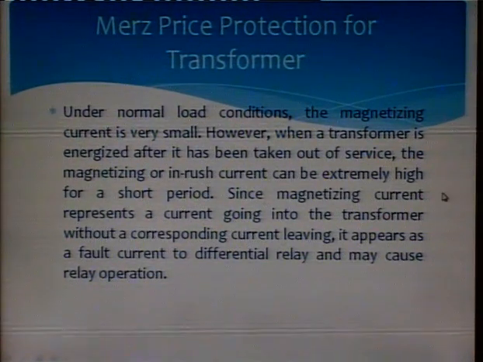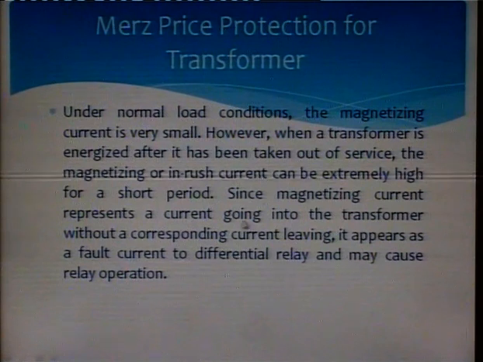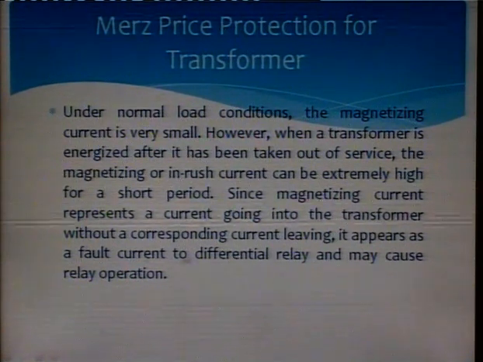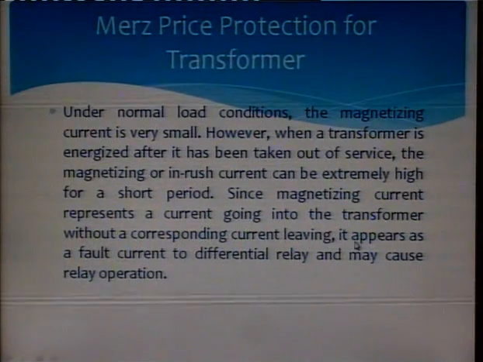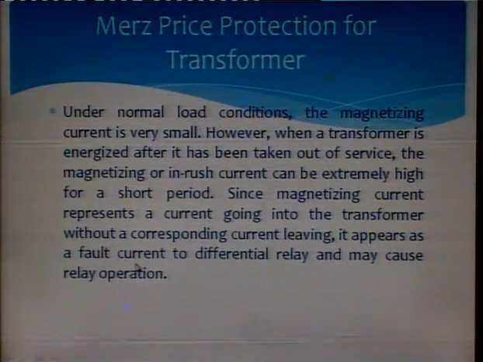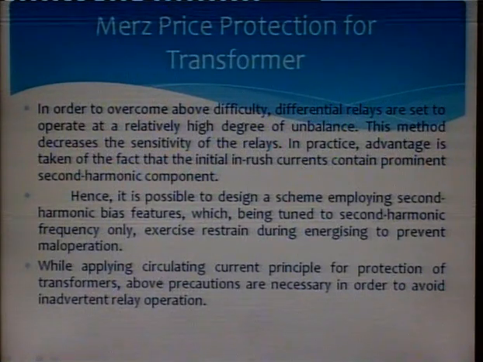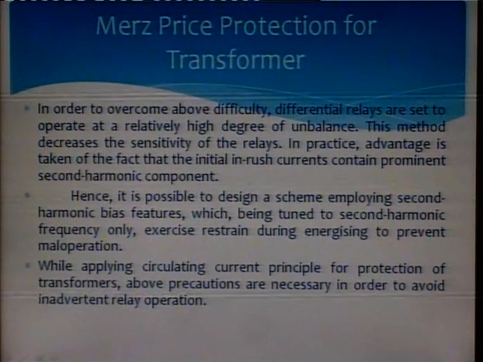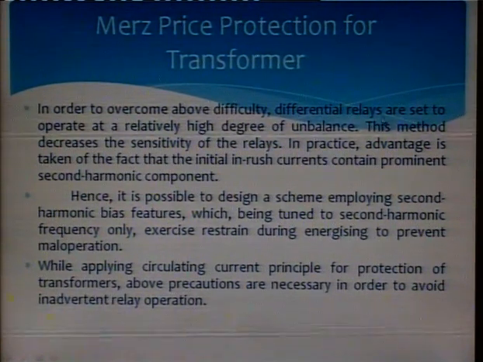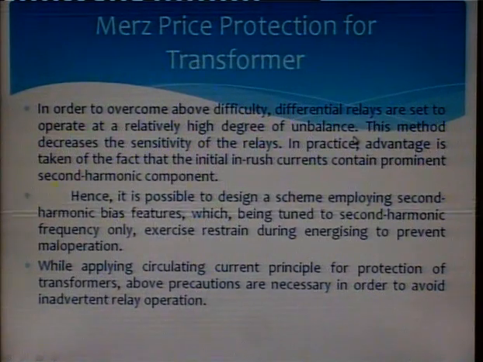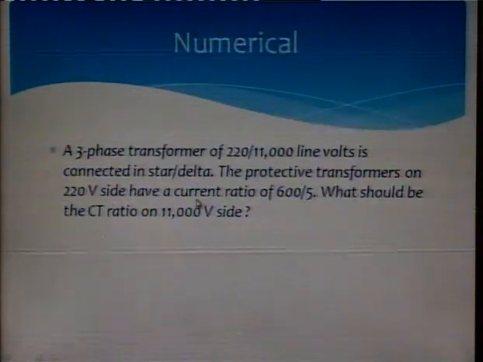Since the magnetizing current represents a current going into the transformer without a corresponding current leaving, it appears as a fault current to the differential relay and may cause relay operation. So, in order to overcome the above difficulty, the differential relays are set to operate at a relatively high degree of unbalance.